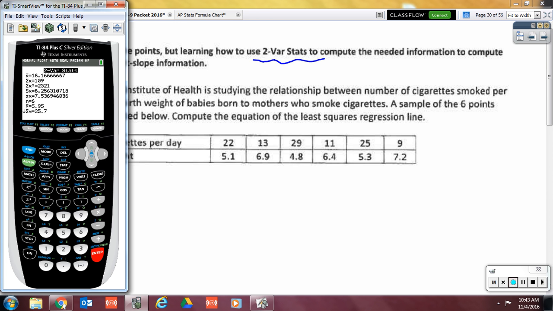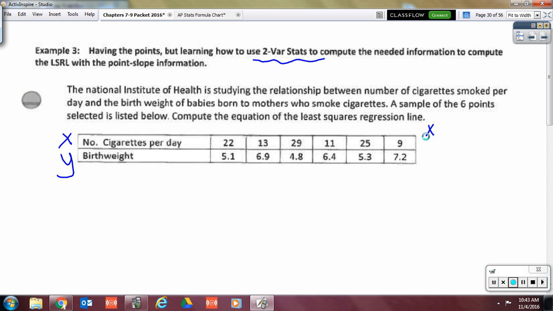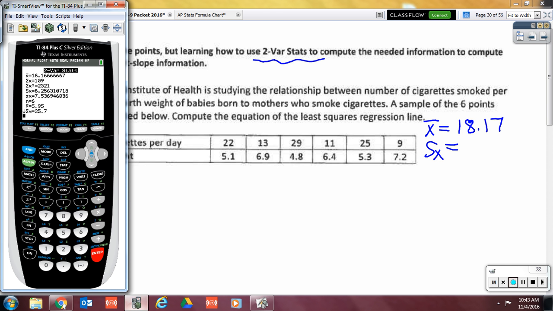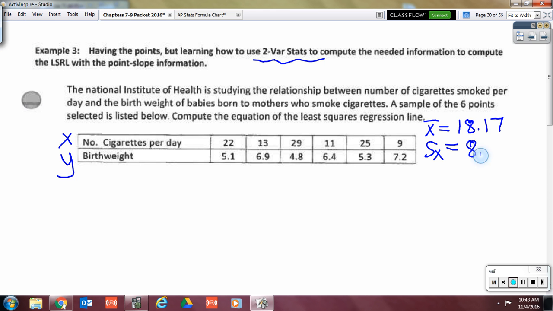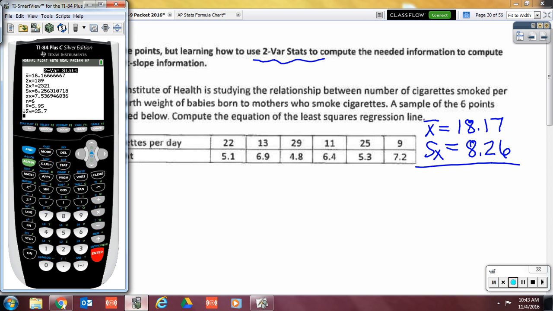So what I can see from that is that the mean of x is 18.17. The standard deviation of x, because that's the other thing I'm interested in, is 8.26. Okay. Then if I scroll down on my calculator, I can see the information for the y values.